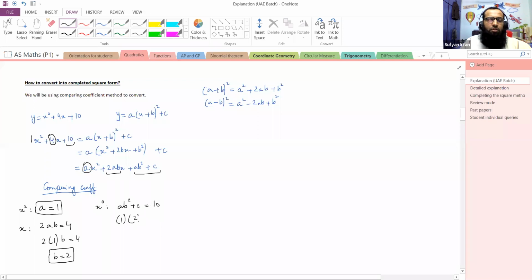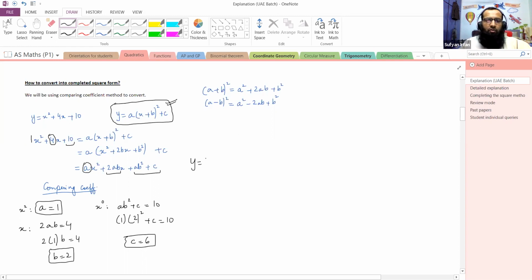We have the value of b as 2, so 1 times 2 whole square plus c equals 10. 2 square is 4. c equals 10 minus 4, which is 6. c is 6. When we have found a, b, and c, we are just going to substitute the values in the completed square form, in which we can see the values of a, b, and c. And now we can write the answer.